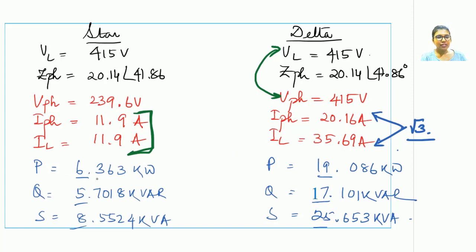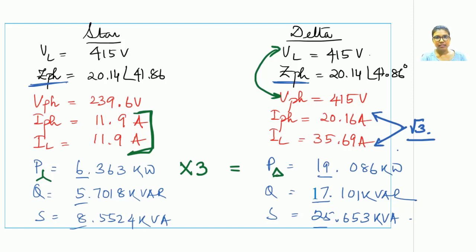The power for a star has come out to be 6 point something, and the value of power for a delta for the same load, the Z phase remains the same in both the cases, has come out to be 19 point something. Now upon multiplying 3 with the power obtained in star, are we obtaining the value of power in delta?